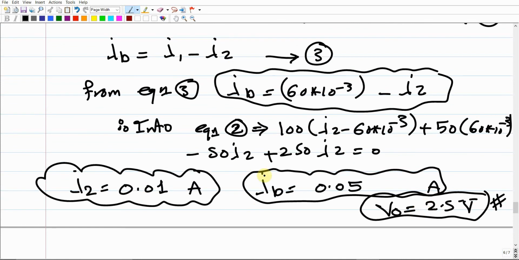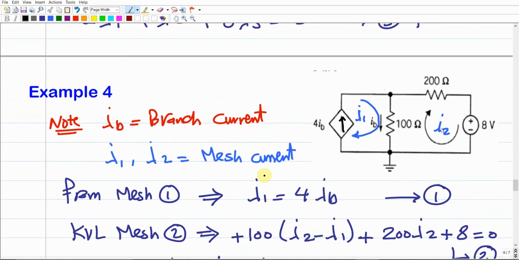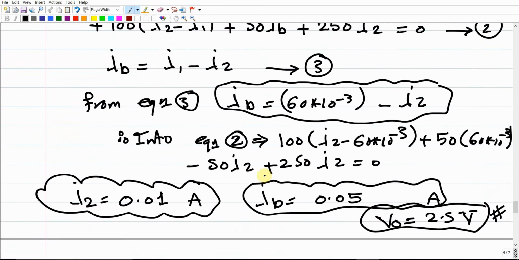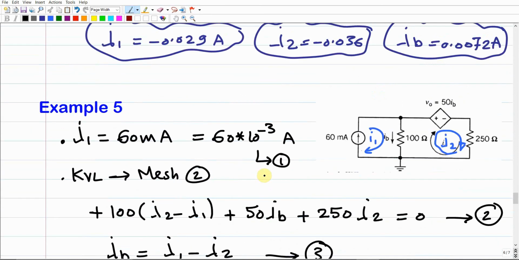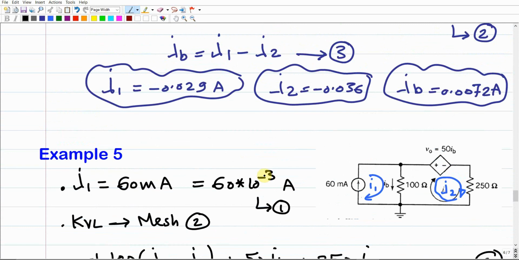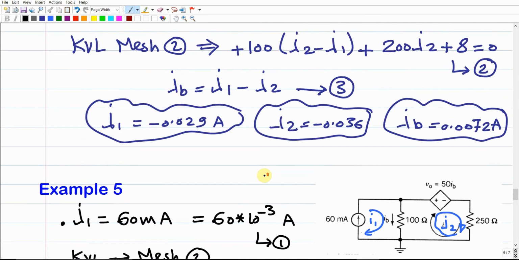And that's it for this example. And that's it for this lecture, in fact, because we already finished these two examples. The key idea in case you have a dependent source is that the current or whatever is included over the dependent source should be the current or the voltage over the branch itself.